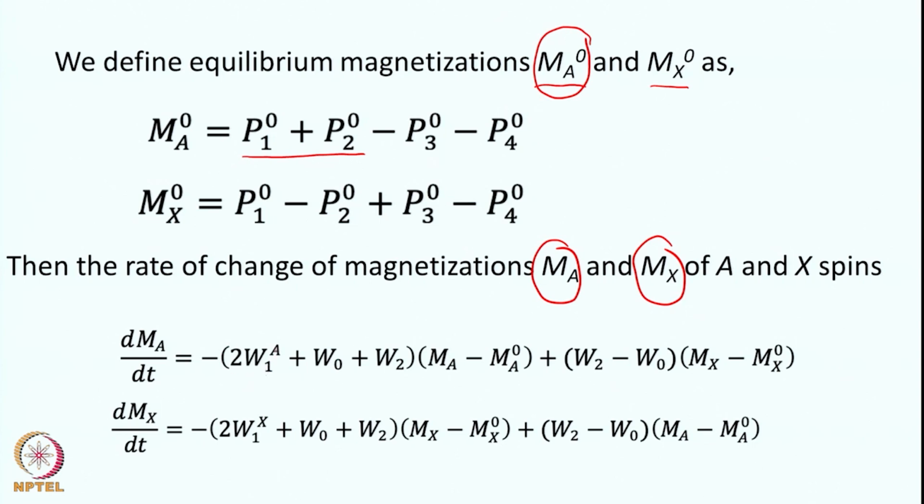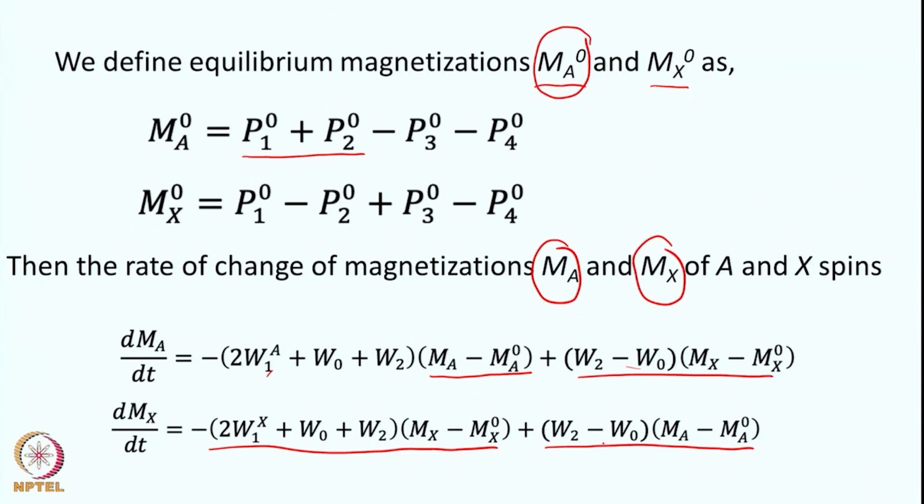So, here 2 into omega 1 of A, that is the transition probability for A spin, plus the 0 quantum transition probability plus the double quantum transition probability, and that multiplies the difference of magnetization for A spin at any time t minus the equilibrium magnetization, and that is added to the double quantum transition minus the 0 quantum transition and the difference in the magnetization of X spin. Similarly, one can write it for X spin, with the transition probability and this magnetization.